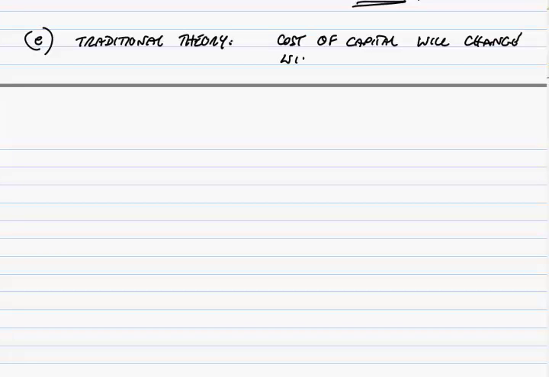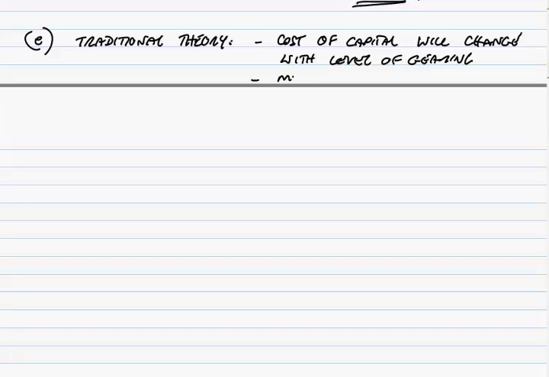First of all, the traditional theory of gearing. The traditional theory is that the cost of capital will change with the level of gearing. The weighting changes, and with more gearing, shareholders want a higher return, so the weighted average cost in theory will change.